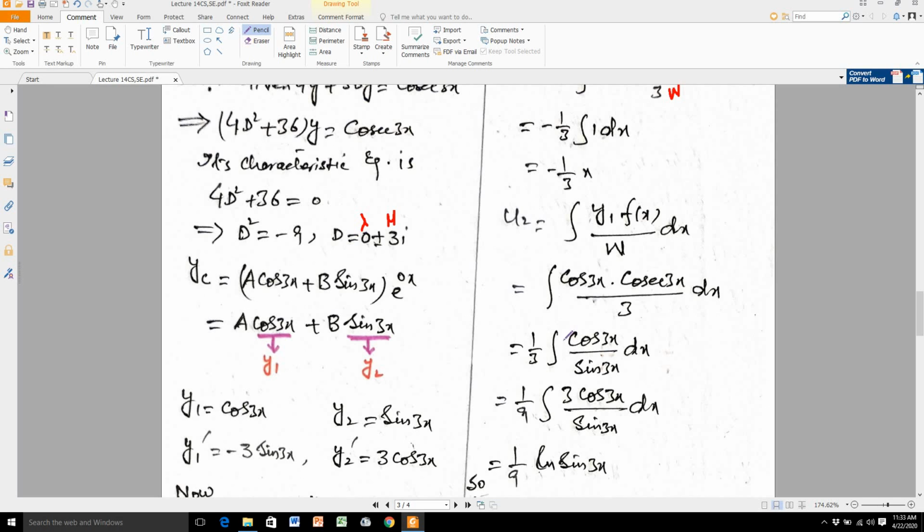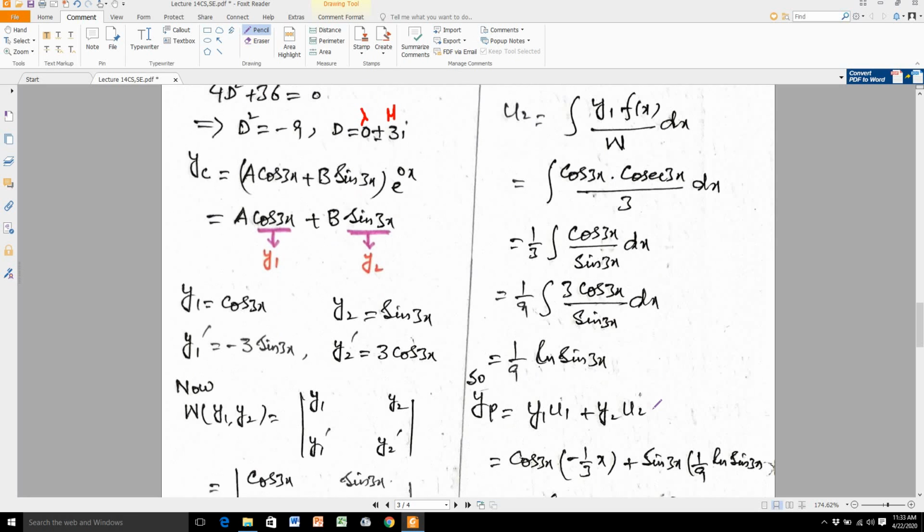You see here 3 is missing, so I divide by 3 and multiply by 3. When I divide by 3, it becomes 1 by 9, and then 3 cos 3x divided by sin 3x dx. In this way, 1 over 9, here sin 3x has its differential in the numerator, so you take the natural log of sin 3x.